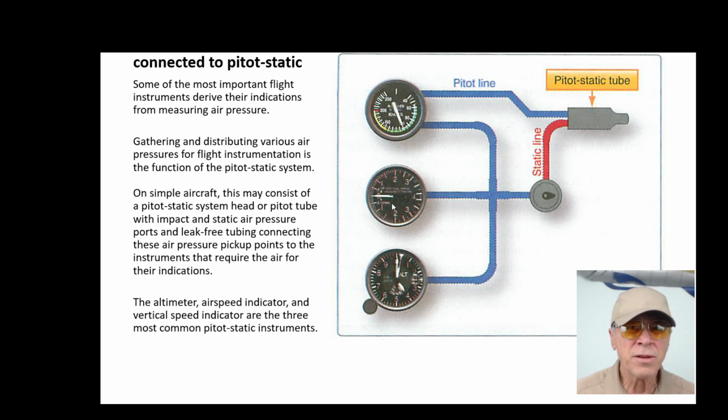And the vertical speed indicator is basically attached to the other instruments, so it's actually receiving the pressure from the pitot line, and it's got what appears to be a direct line right to the static port.